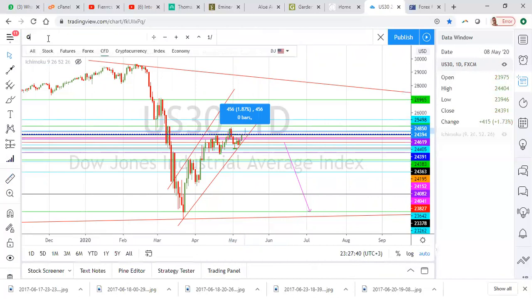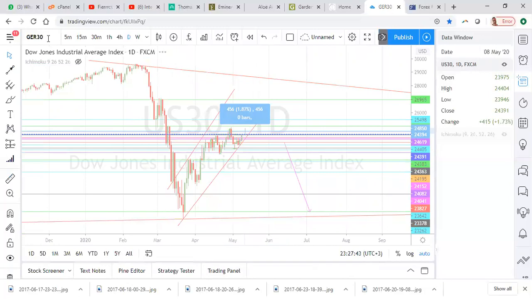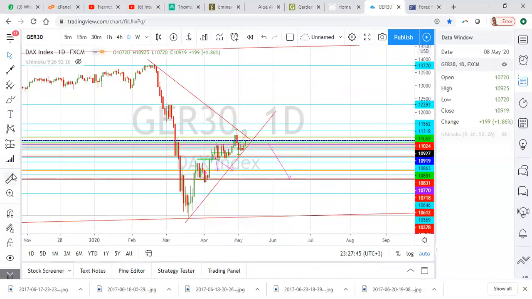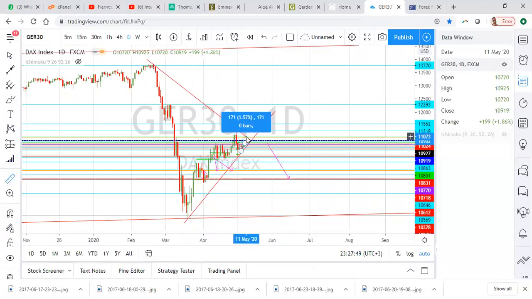Let me look at German 30. They usually tend to correlate. German 30 is telling me the same thing. It's on an uptrend. About 100, let's say 200 pips. So usually I find that when US 30 moves for a number of pips, German 30 tends to move half the amount of pips.